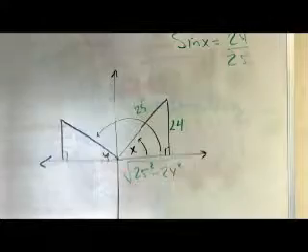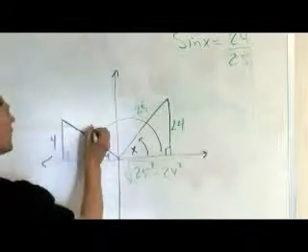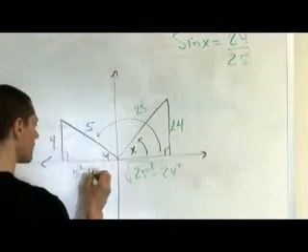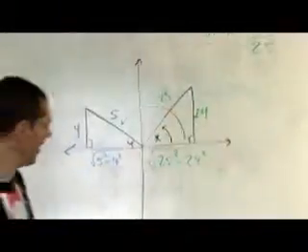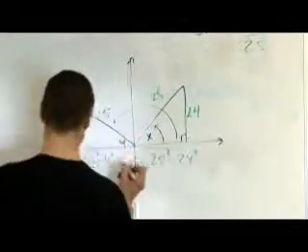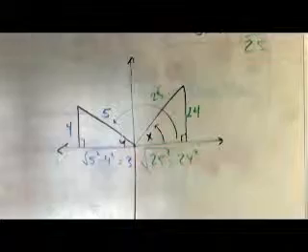Sine of y is 4/5. That means that this is 4 and this is 5. That means that this is the square root of 5 squared minus 4 squared. Actually, this one's pretty easy to do. As a matter of fact, this is just 3. 3, 4, 5 triangles. We recognize these from Pythagoras.